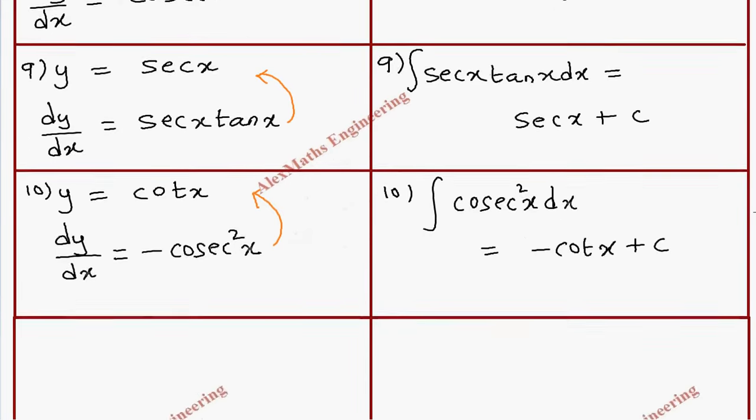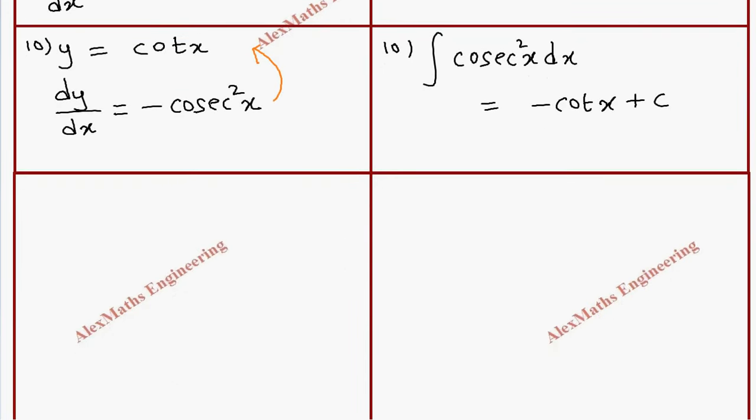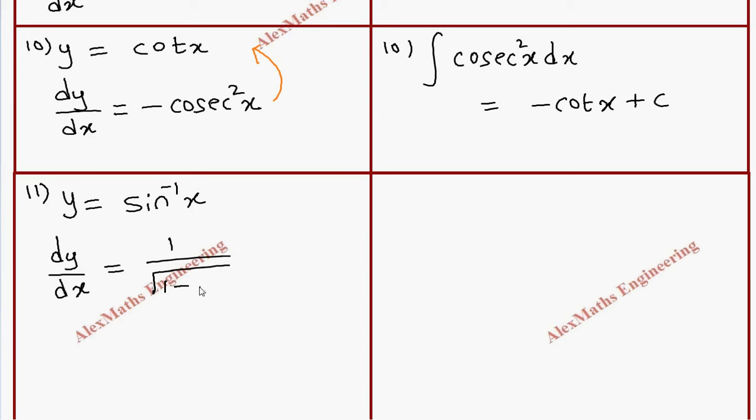The next formula, if we have y equal to sin inverse x, its differentiation dy by dx is 1 by root 1 minus x square.